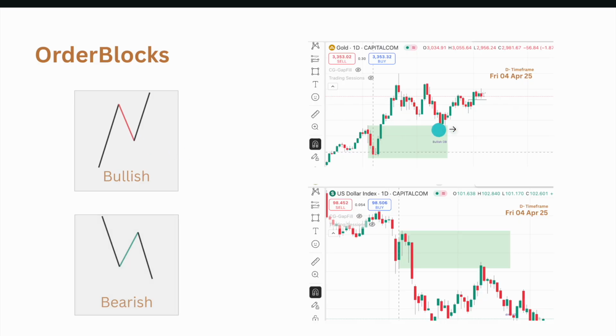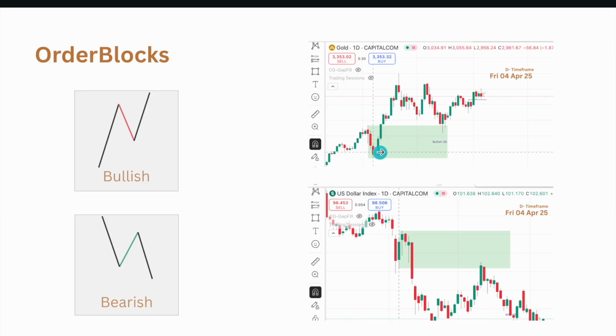Let's see in this gold chart how this bullish order block is created. Why is this a bullish order block? It's a sequence of 3 or 4 candles which is giving rise to these two fair value gaps. It is coming off of a PD array. It is creating a swing high. So this is a valid order block.